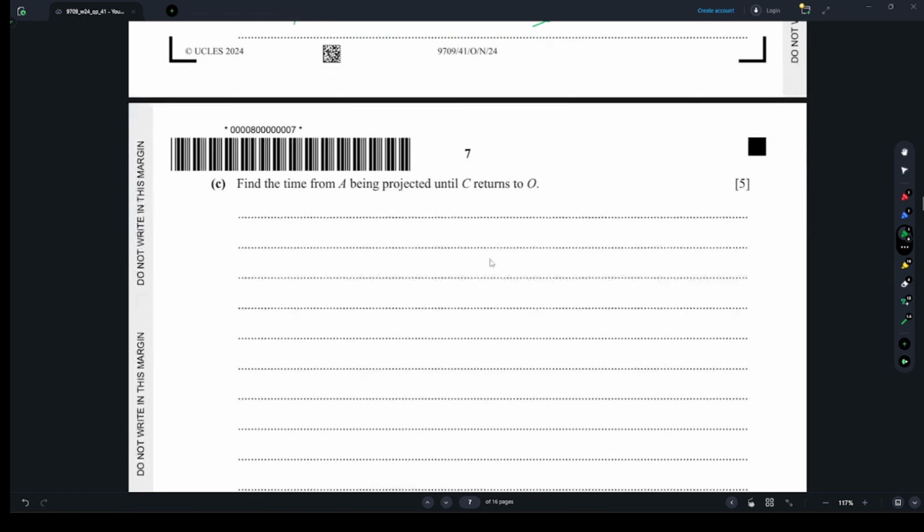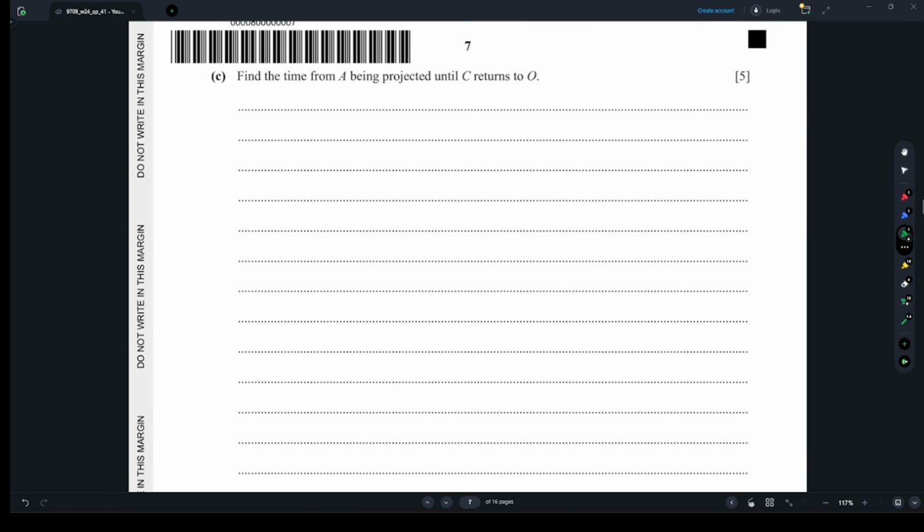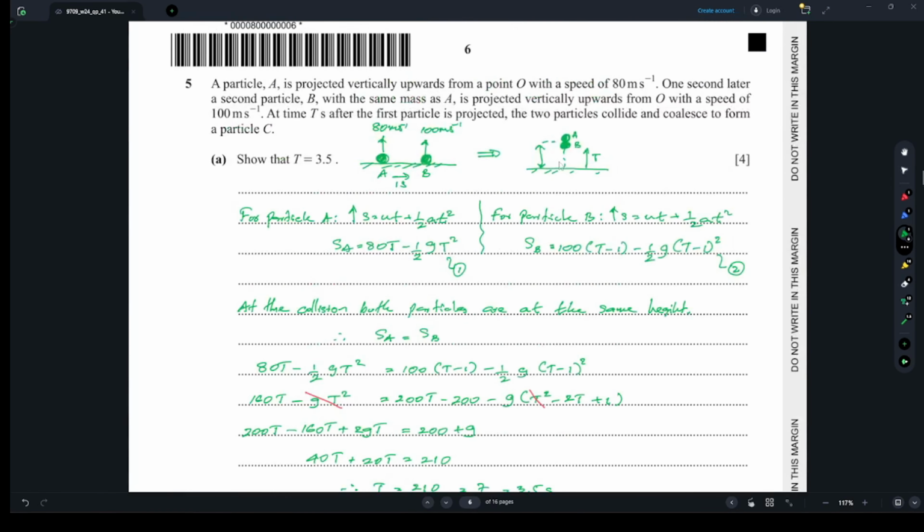Right, then the next part. They are saying, find the time from A being projected until C returns to A. So what they are saying is that we projected these, and from A and B it formed the particle C, and we don't know the velocity at that point.